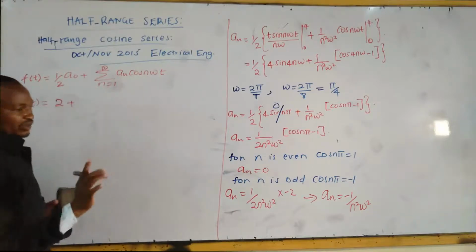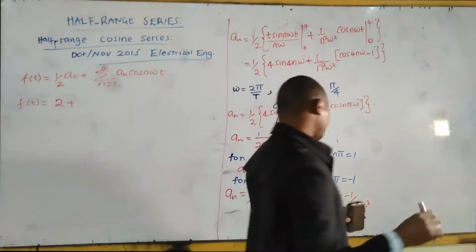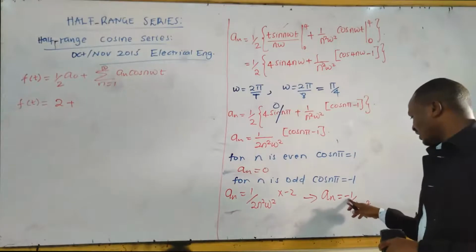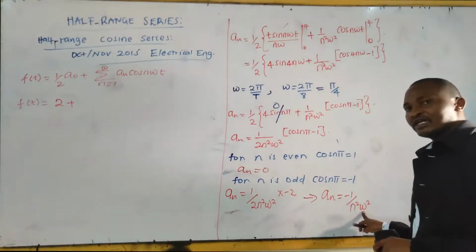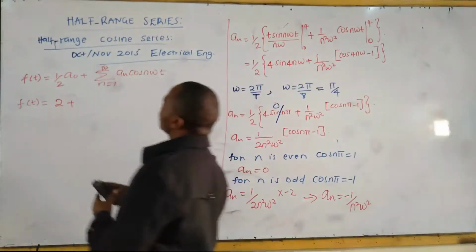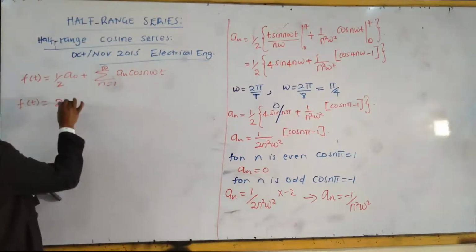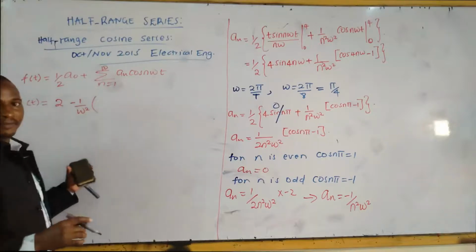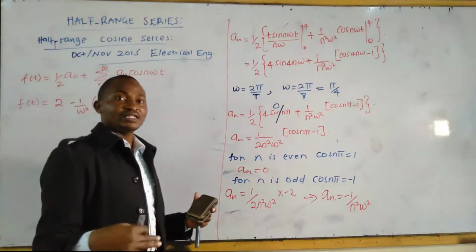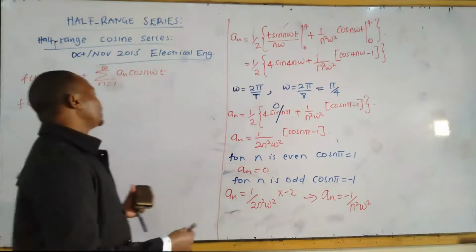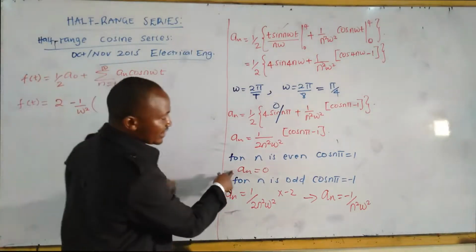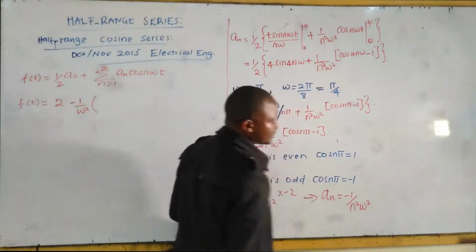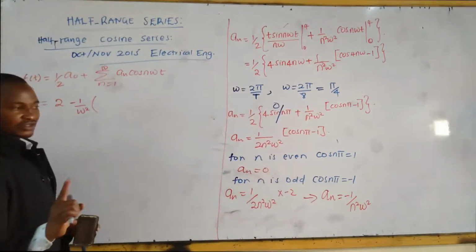Plus sum. You see, whenever you are summing, check the constant. For an, negative 1 over omega squared is a constant. n is not a constant, it will be changing from 1 to infinity. So all even values are 0, odd values are determined by this. So we start with the first odd value, which is 1.